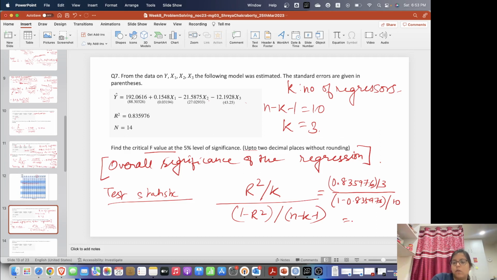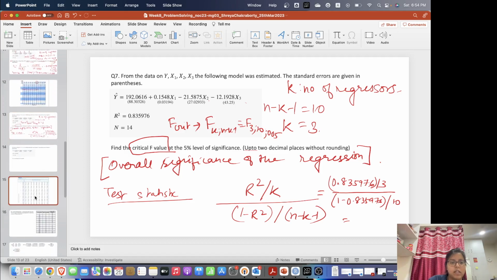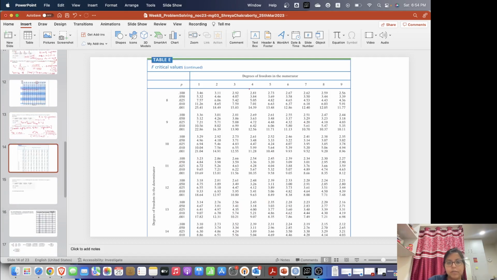Okay, so while we calculate, here the question is find the critical F value. So the F critical has degrees of freedom k and n minus k minus 1, that is F 3, 10, and this is always going to be right tail, that is 0.05. So we'll go and check the F table.